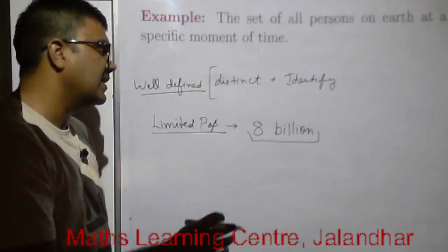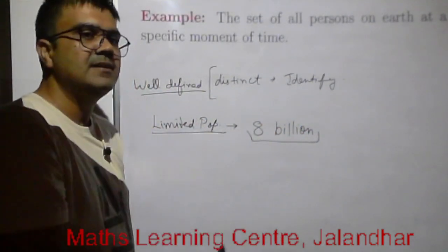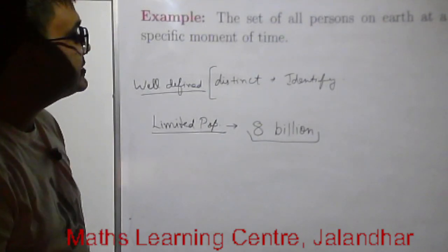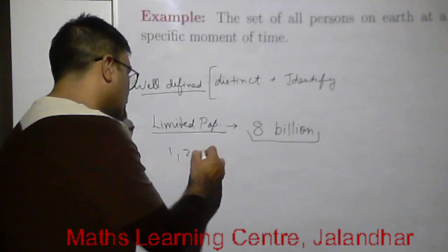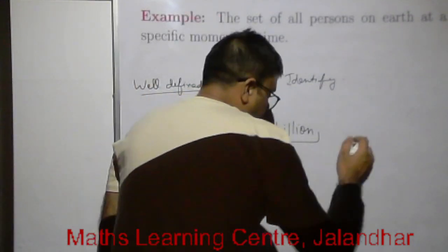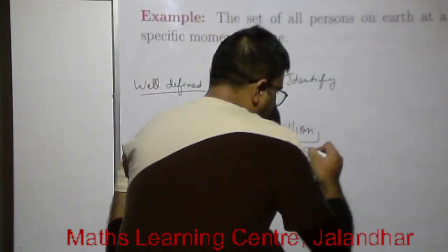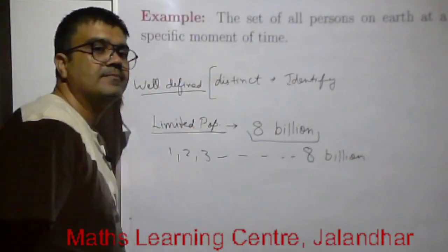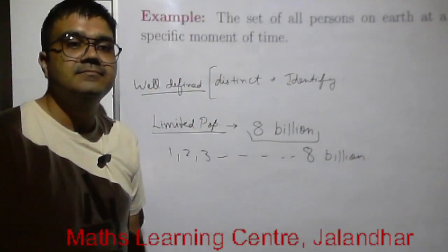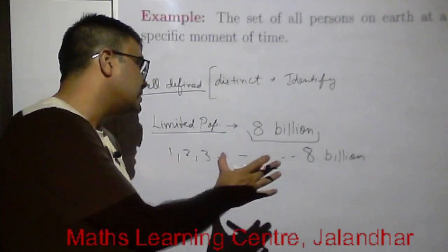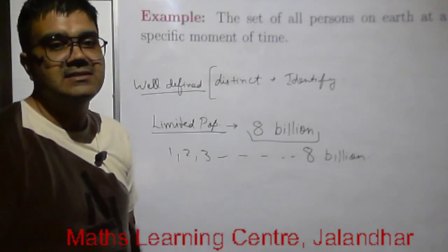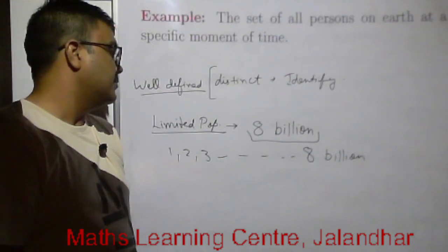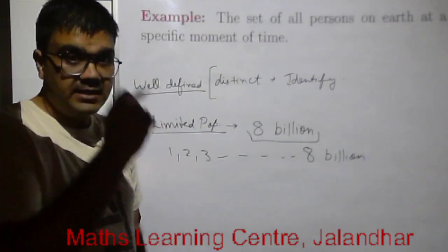At this moment of time, there are 8 billion persons on the earth. If I start assigning the numbers 1, 2, 3, and so on, to the last person on the earth, I will assign the number 8 billion. It means the process of counting the number of persons comes to an end.